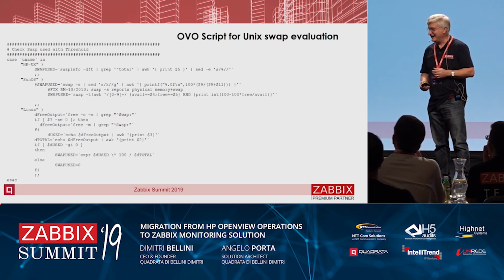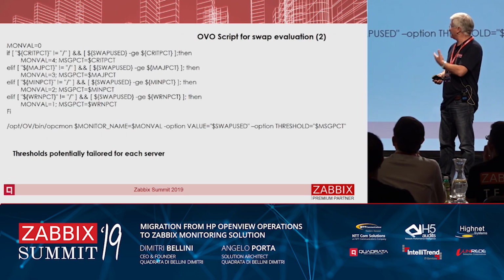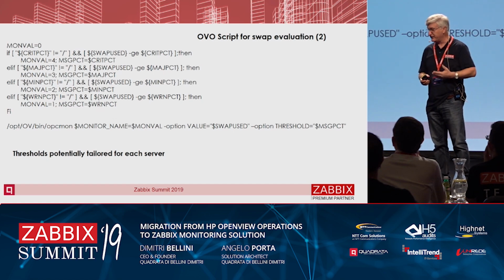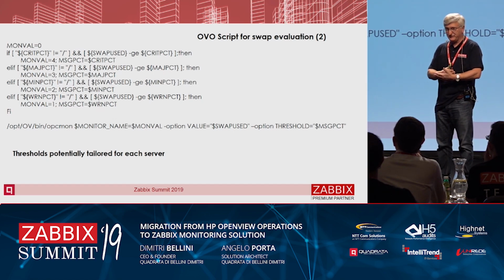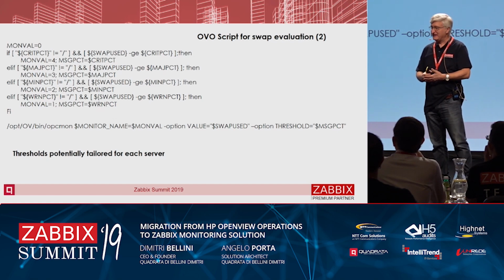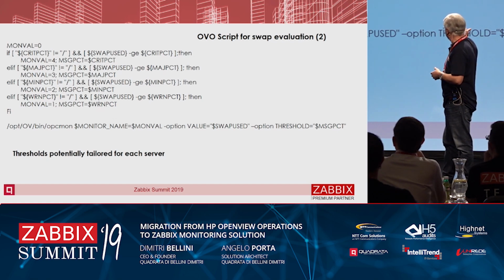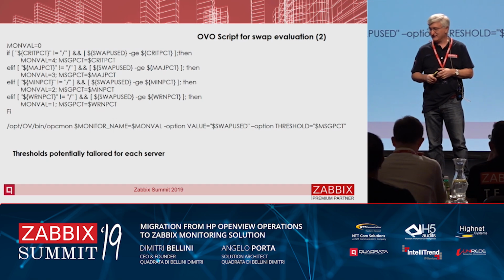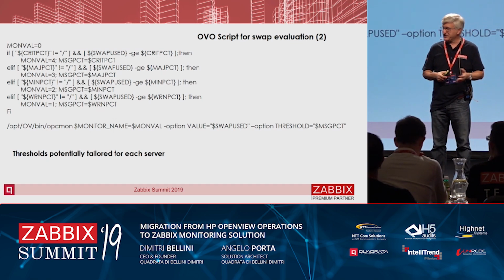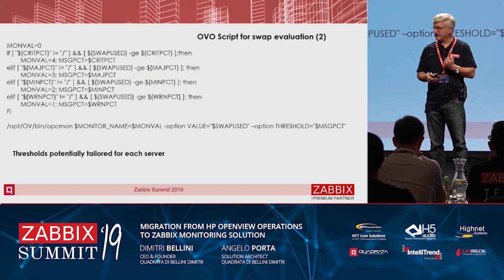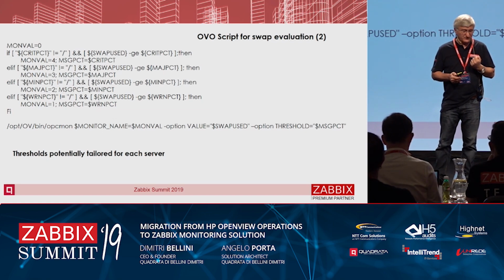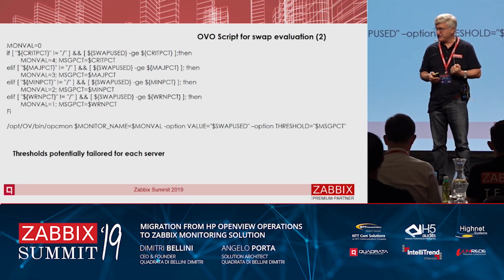And here are the comparisons that are made inside the script in order to decide if there is a problem or not, and the command to send the message to the central engine, only if some threshold is reached. Thresholds are tailored potentially for each server.